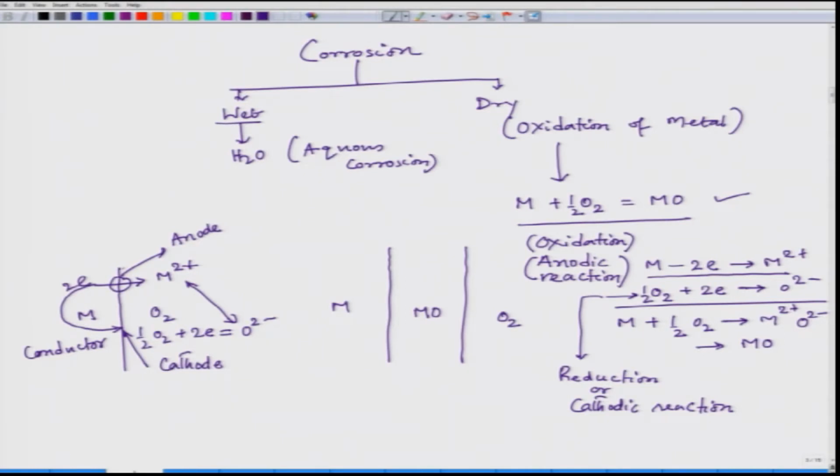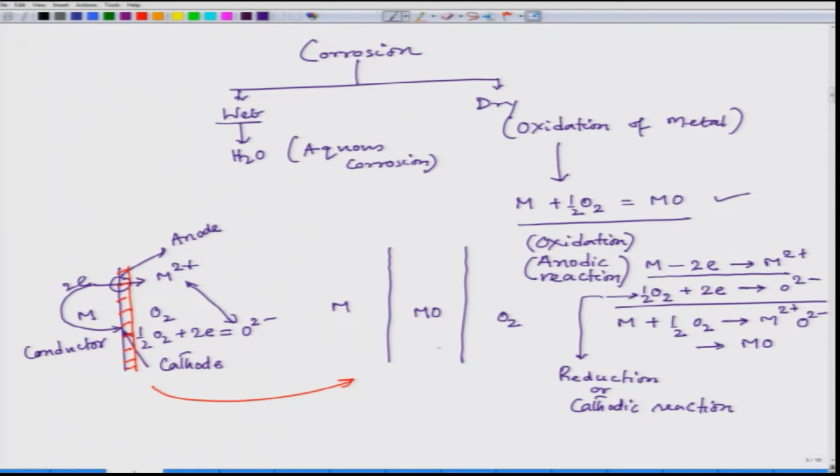So this metal oxide is forming on top of this metal surface. So now we have a situation like this: metal surface, metal oxide and oxygen.